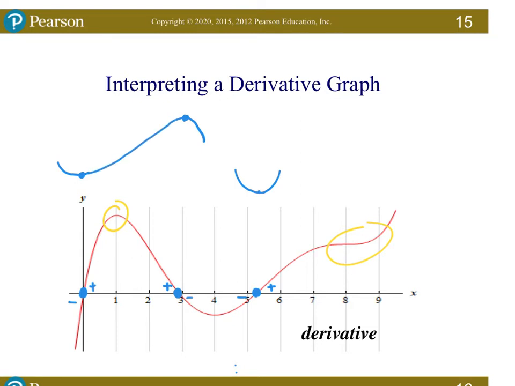And then maybe we can connect these other 2 pieces and it can come down and connect. And then the rest would be going up like that. So just a possibility. So we've got a local min, another local min, and a local max.